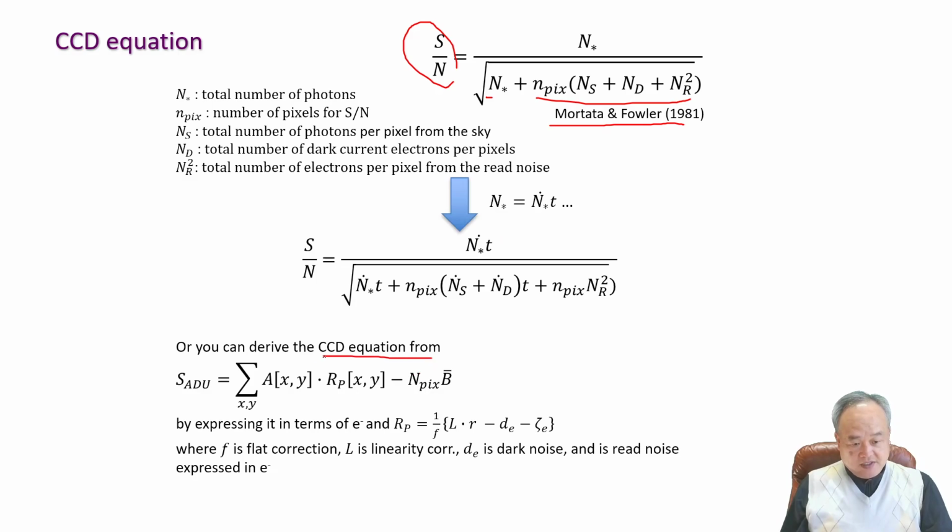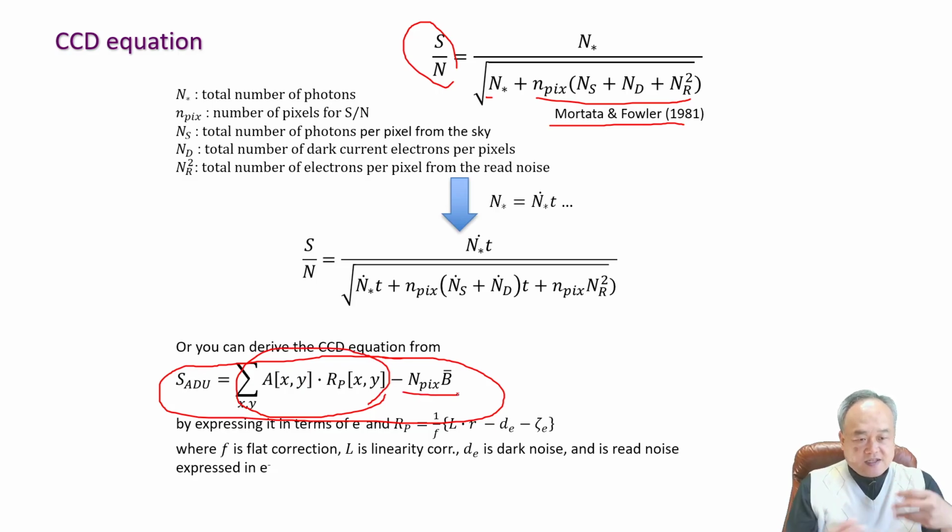The second method is we can actually derive it from the earlier expression of the source count, recorded in ADU, which is the summation of all the sources within the aperture, subtracted by the sky contribution.